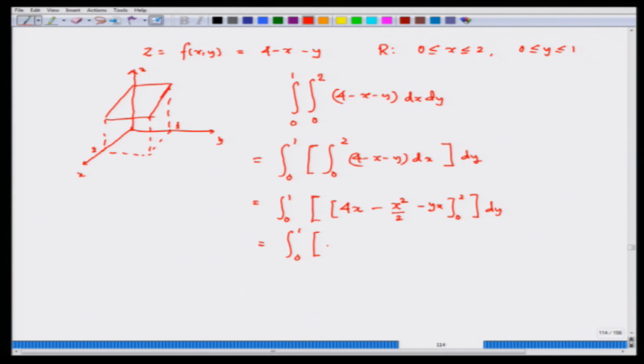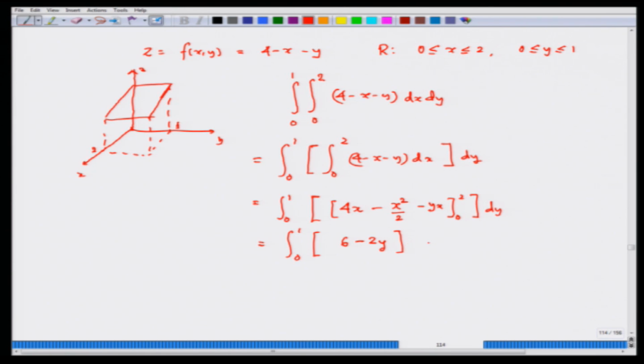If I put 2 here, 8 minus 2 square is 4, so 8 minus 4 minus 2y. So, it is 6 minus 2y, right.